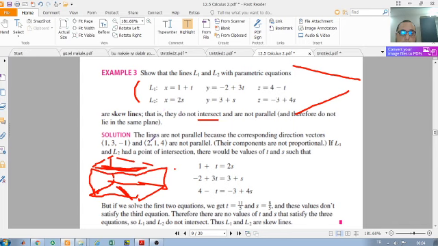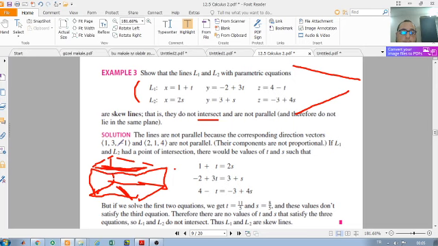And L2 has the direction vector 2, 1, and 4. You see we don't have any multiple for them. Namely, one of them is not a multiple of the other. If we multiply the first component by 2, we get the first component, but if we multiply the second component by 2, we get 6, but here we have 1.